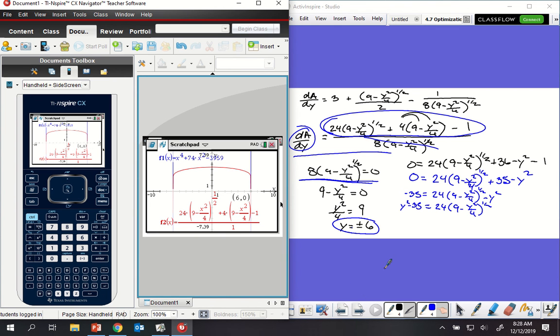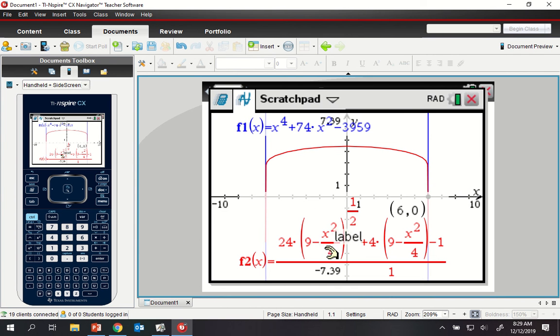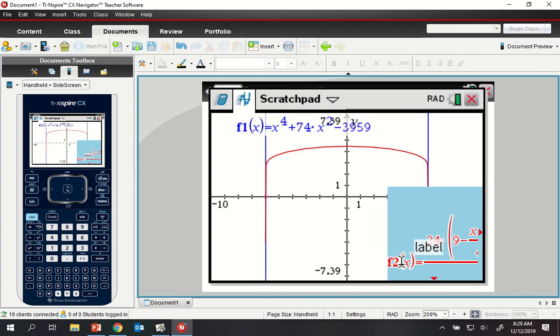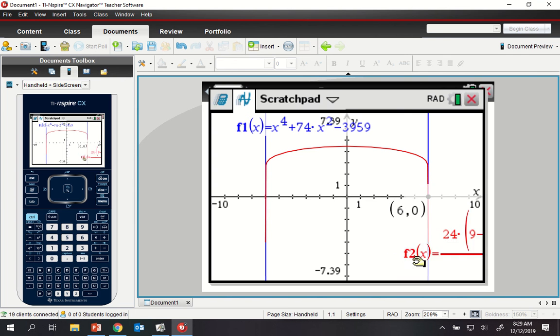Alright, I guess I made an error on my math somewhere. I knew it. Because from my derivative, I get the same thing. I'm going to hide this piece just so I can see my graph. So I get the same thing with this.